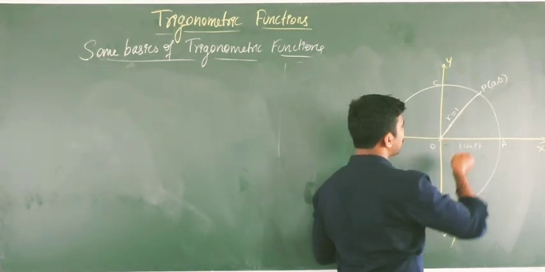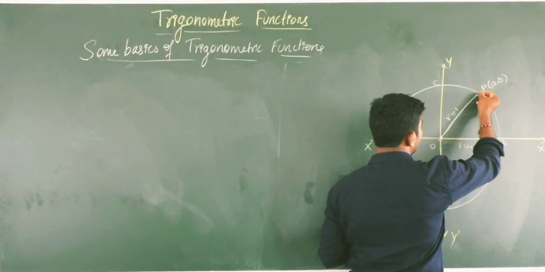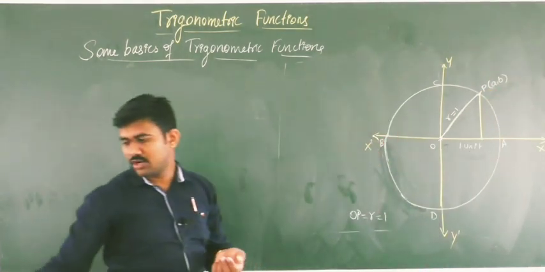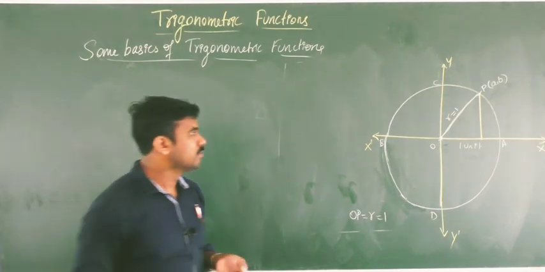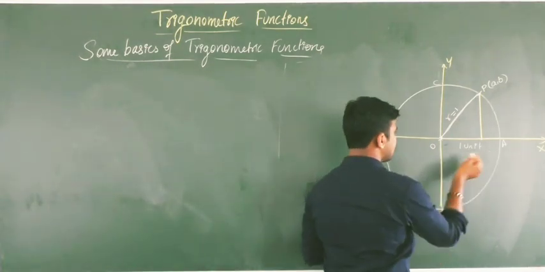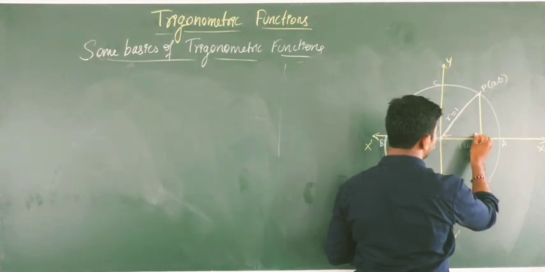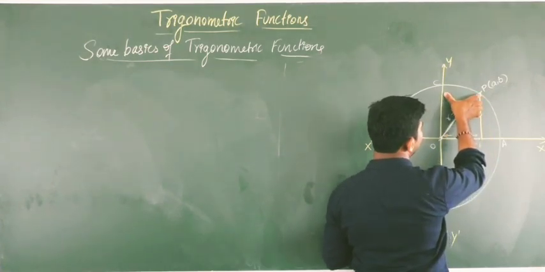And now I draw a perpendicular from the point P to the x-axis. Then we can say the length from origin to this point. So what is the length we have here?